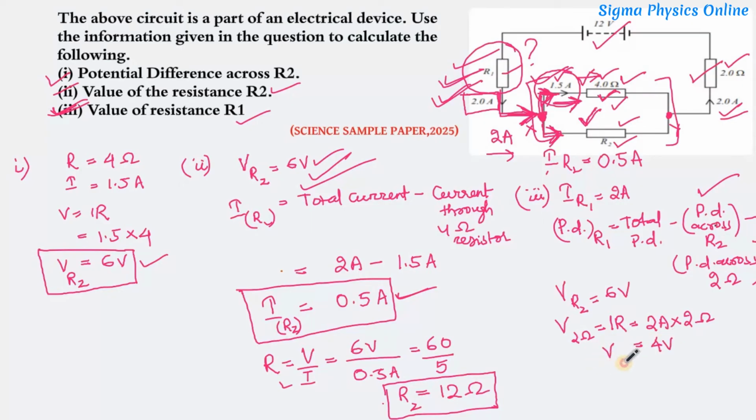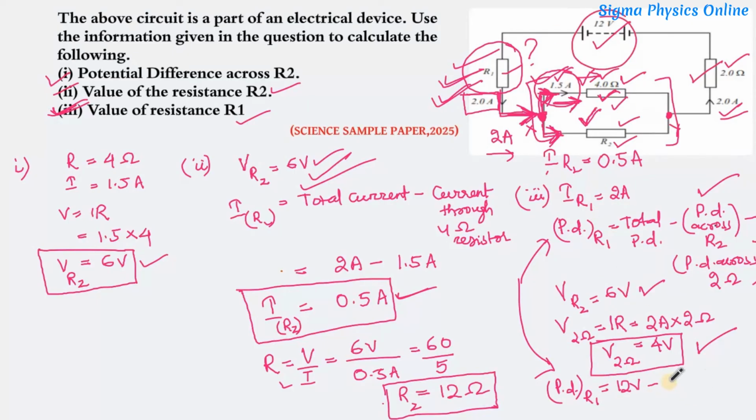Now if we apply these values, V R2 and V 2 ohm, in this equation, we get the potential difference across the R1 resistor is 12 volt, that is the total potential difference of the circuit, minus the potential difference across the resistor R2, that is 6 volt, plus the potential difference across the 2 ohm resistor, that is 4 volt.